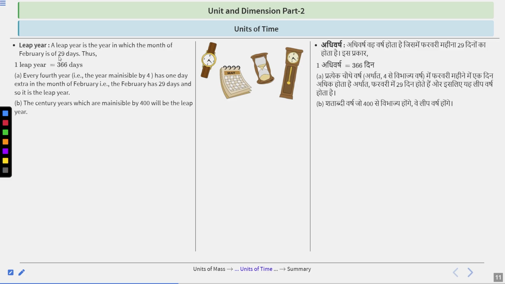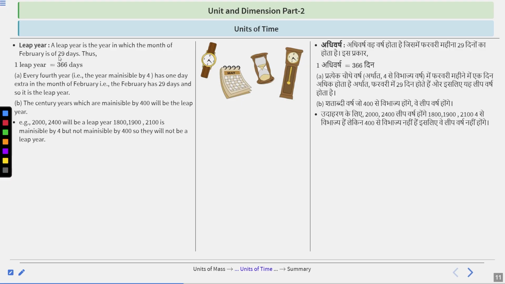The century years which are divisible by 400 will all be leap years. For example, 2000 and 2400 will be leap years. 1800, 1900, 2100 are all divisible by 4, but not divisible by 400, so they will not be leap years. Remember this. We require the years that are divisible by 400.